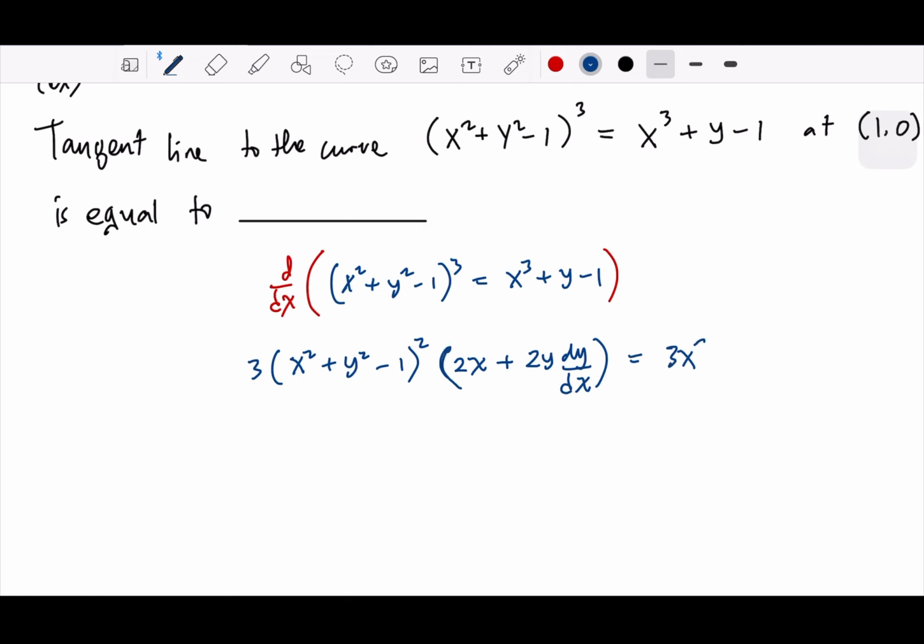And then 3x squared plus 2y dy over dx. Okay.